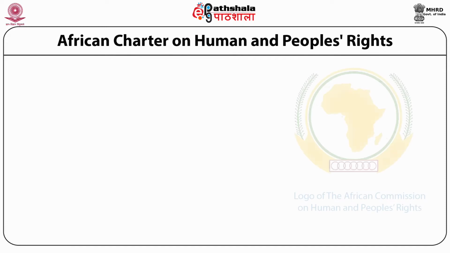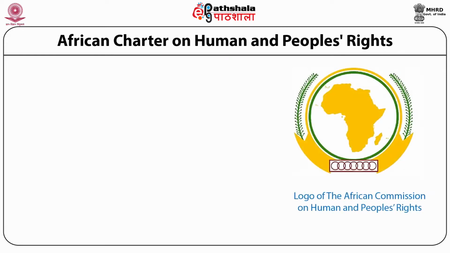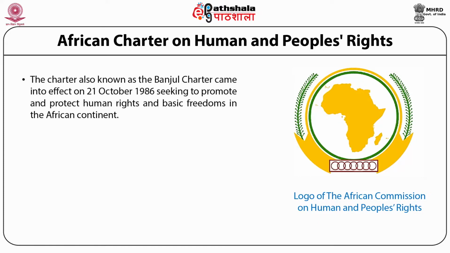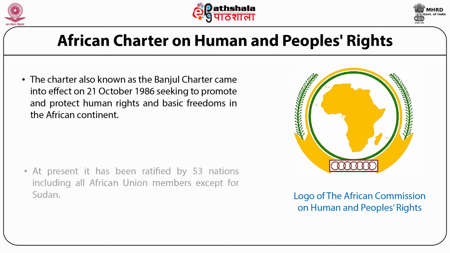To conclude, let's look at the final regional instrument, the African Charter on Human and Peoples' Rights. The charter, also known as the Banjul Charter, came into effect on 21st October 1986. The charter seeks to promote and protect human rights and basic freedoms in the African continent. At present, it has been ratified by 53 nations, including all members of the African Union except for Sudan.